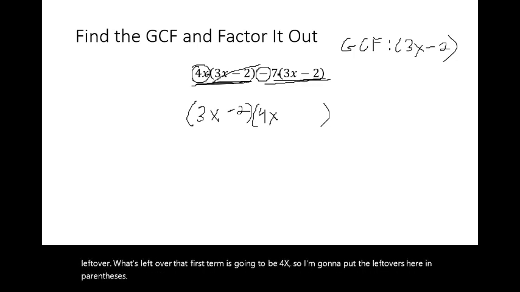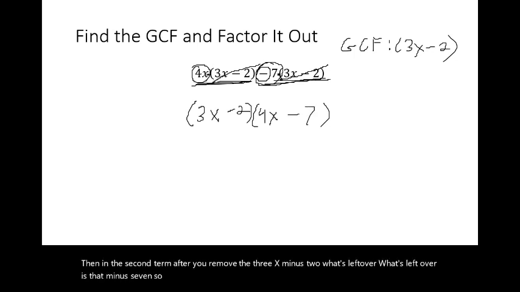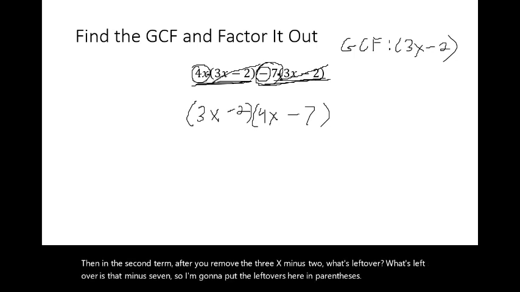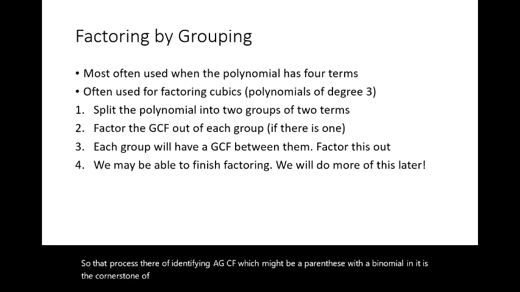Then in the second term, after you remove the 3x minus 2, what's left over? Well, what's left over is that minus 7, so I'm going to put the leftovers here in parentheses. So that process there of identifying a GCF, which might be a parenthesis with a binomial in it, is the cornerstone of a process called factoring by grouping.